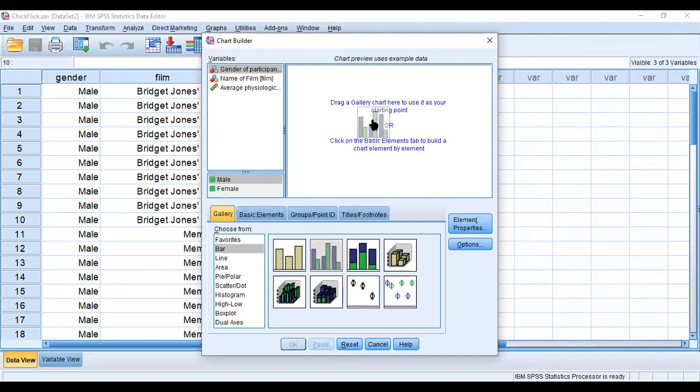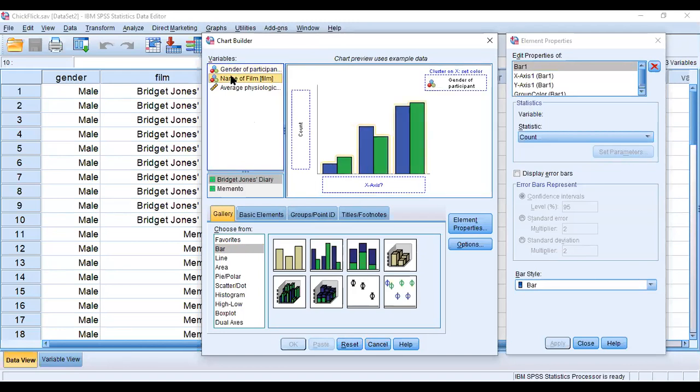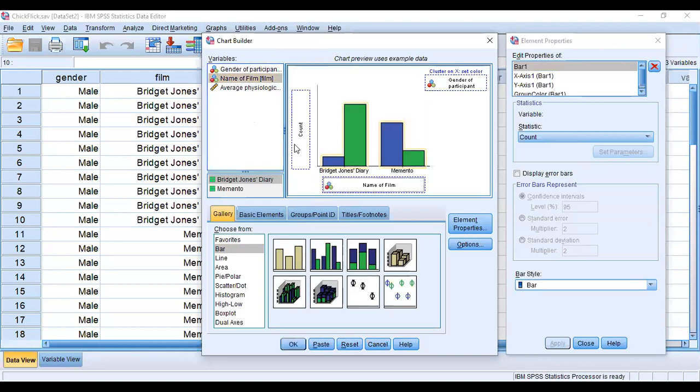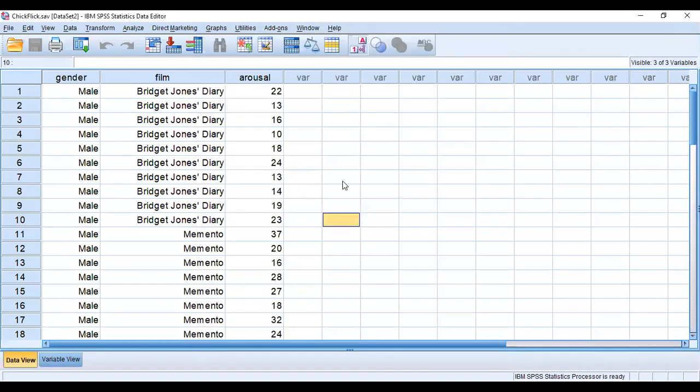I will take my bar into the chart preview box, then gender into the cluster on X, name of film on the X axis, and on the Y axis their score. Now we can see our graph, and we can understand the output of this data.